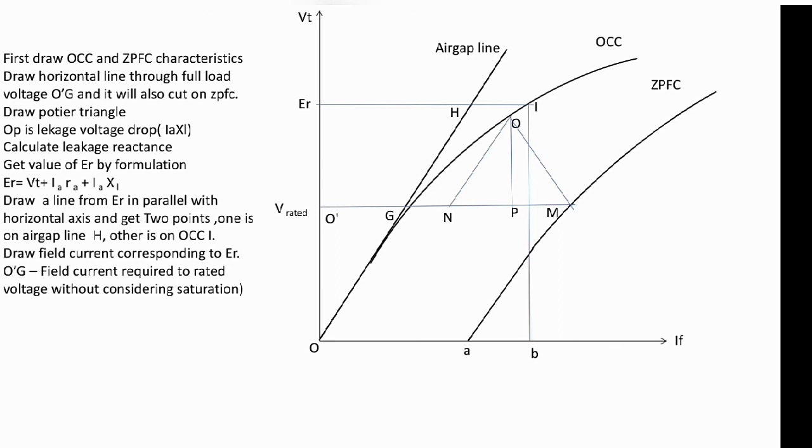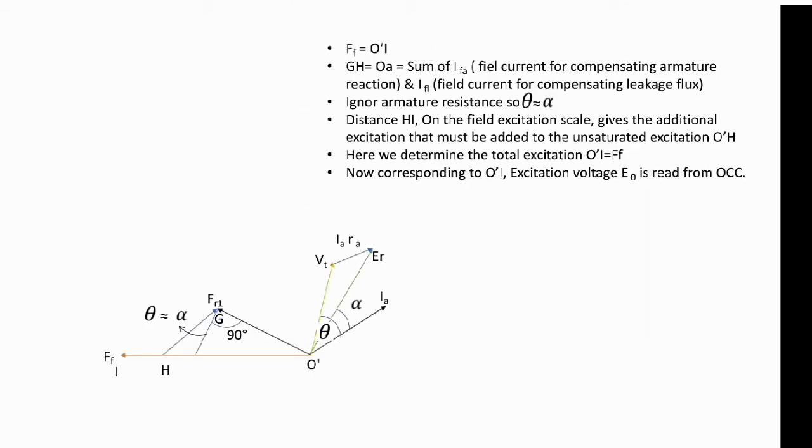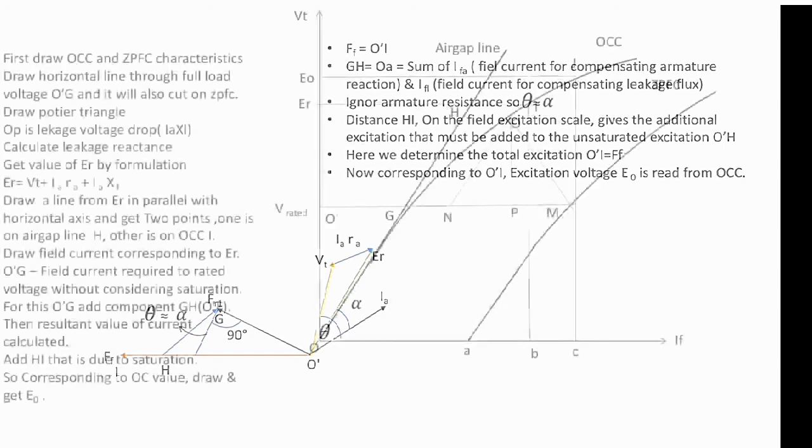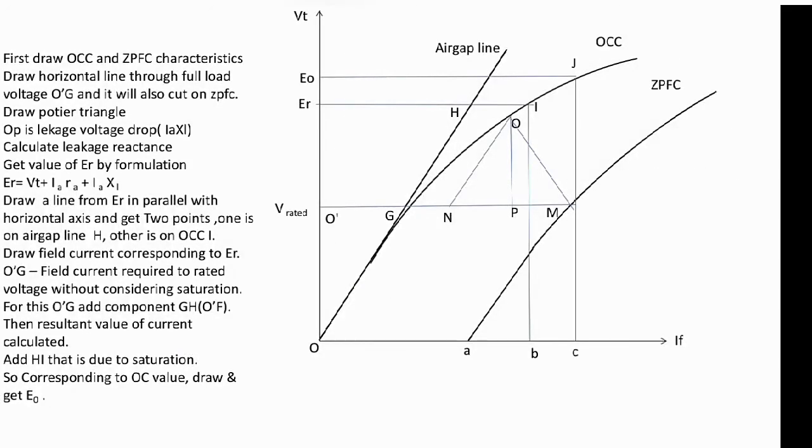So here we add HI and we get the O dash I. Through O dash I we get a field current. Compensating the O dash I, we get a field current OC.